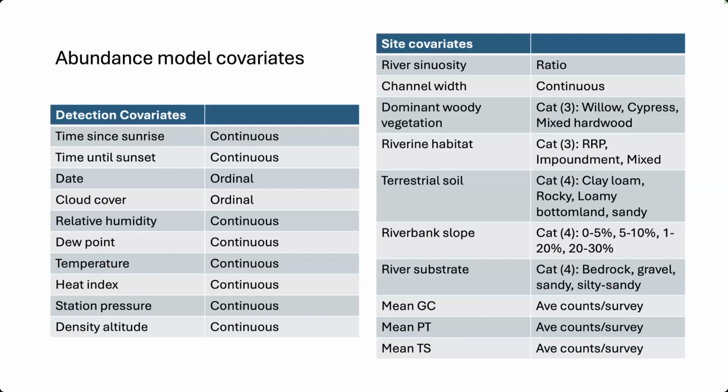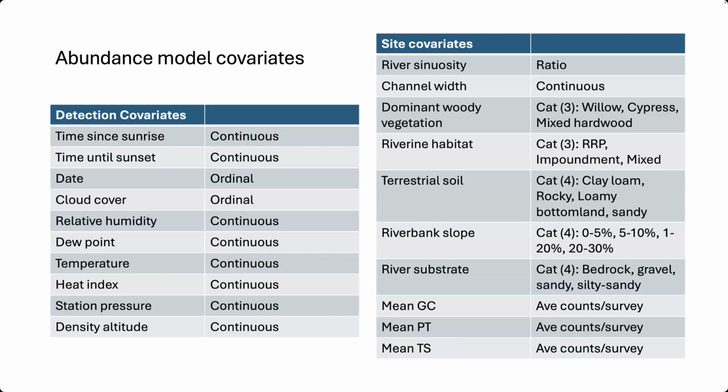So these included river sinuosity and the channel width, which is basically a crude surrogate of water volume in a sense. And we also did a lot of categorical variables. We looked at dominant woody vegetation as 3 levels, whether it was willow dominant, cypress dominant, or mixed hardwood.